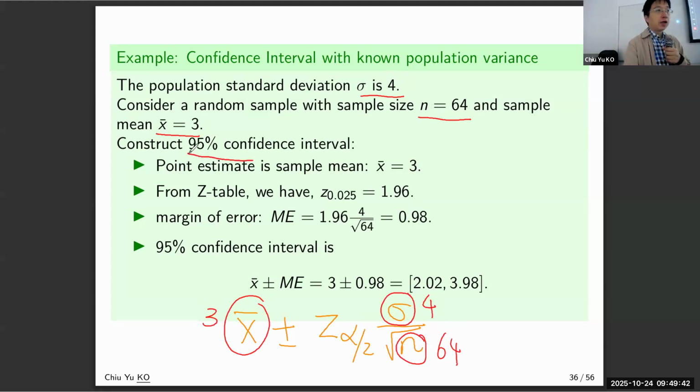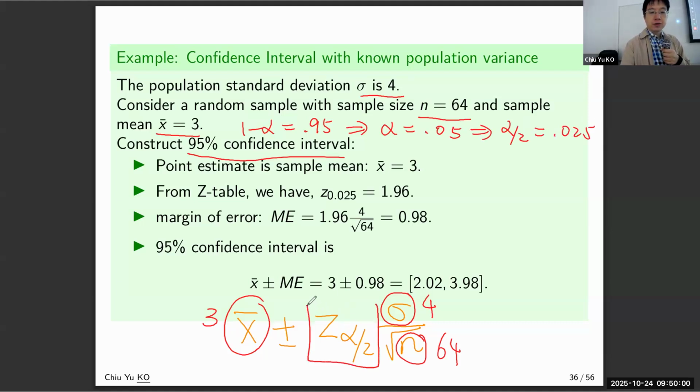You want 95% confidence, which means 1 minus alpha is 95%, which implies alpha is 0.05, and alpha over 2 is 0.025.